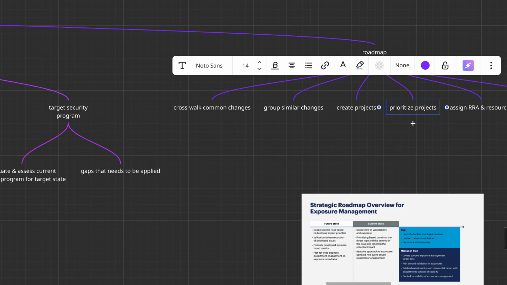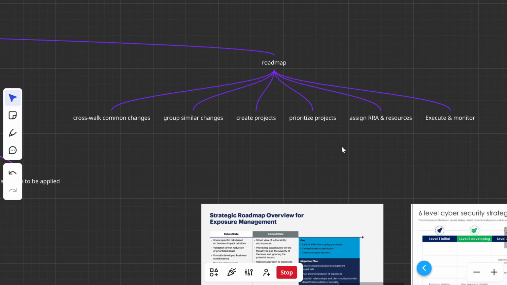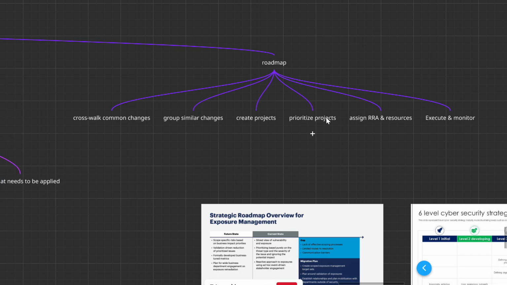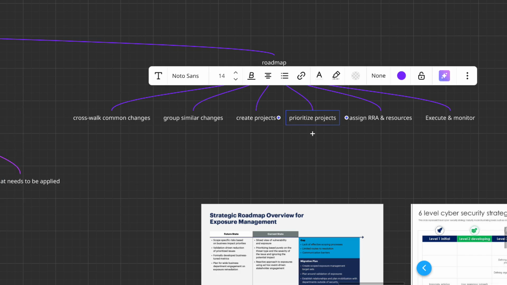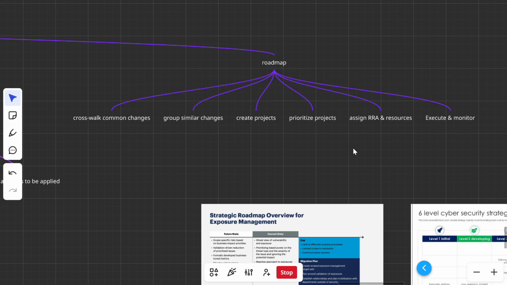You're saying, we really need an EDR, so this is a priority. So you have to prioritize all of these projects accordingly. You can use different attributes to prioritize, but what you need to do is prioritize. Some of the projects will be more important than the others.